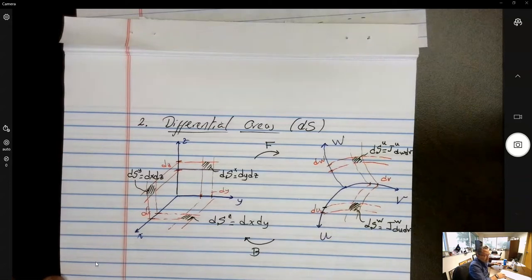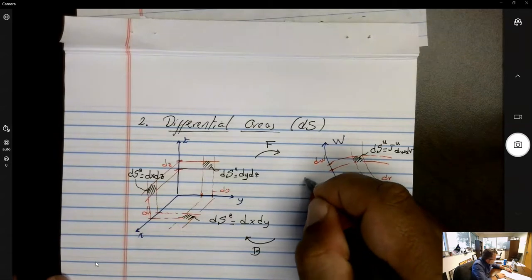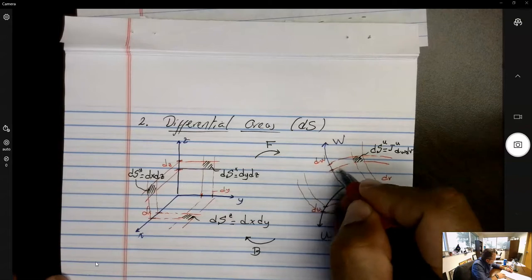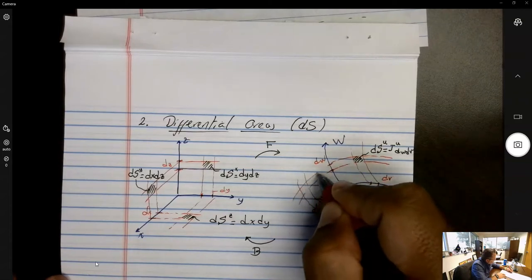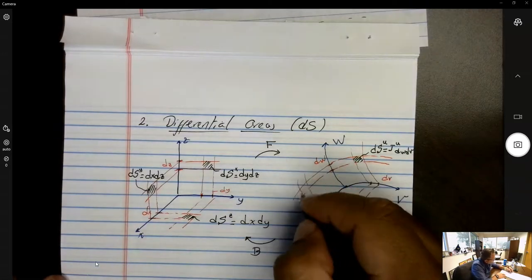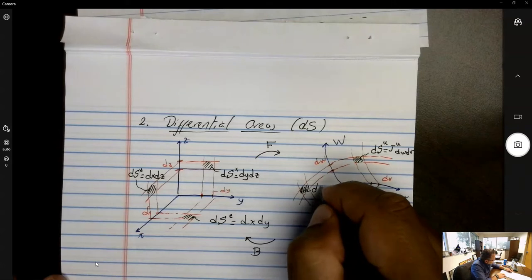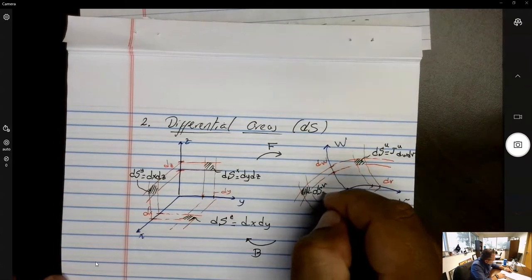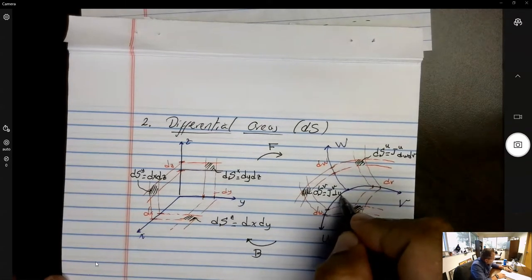And finally, this one here, when I project it on the plane uw, that will lead to this area here, which is the surface perpendicular to v, which is a Jacobian of v times du dw.